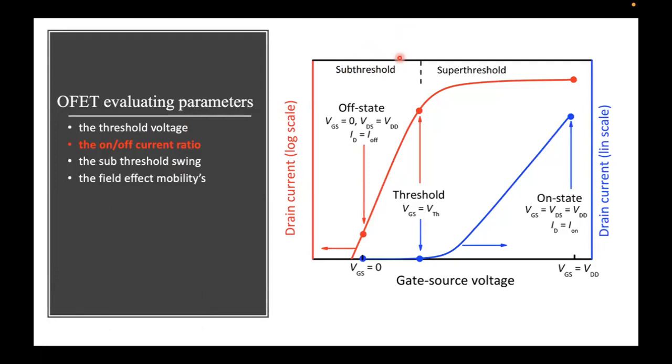However, realistically, current should accelerate from an initial zero value to a turned-on value in some sort of variation, which we call the subthreshold region.